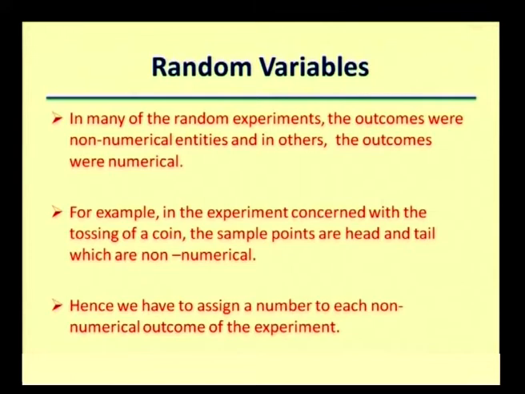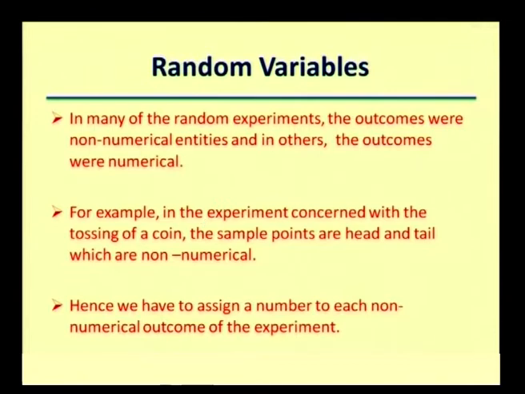Let me explain the random variable with an example, how the non-numerical quantity will be converted to a numerical quantity. For example, consider the experiment concerned with tossing of a coin.